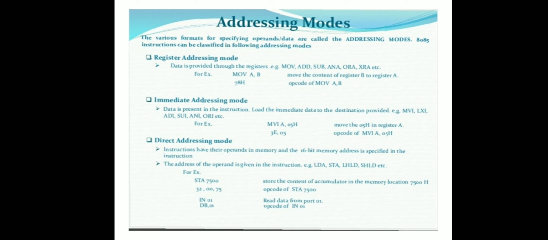For example, LDA, STA, LHLD, SHLD are direct addressing mode. In direct addressing mode, the 16-bit address is present in the instruction. The first byte is the opcode and the second and third bytes are used to represent the address of the data.